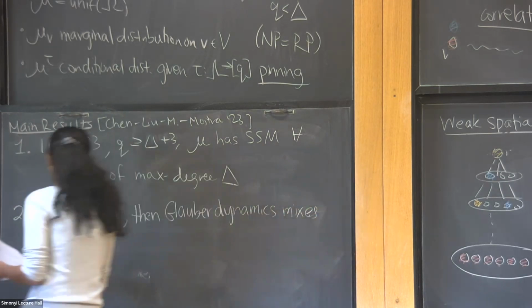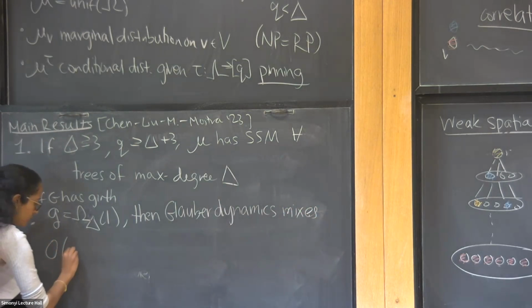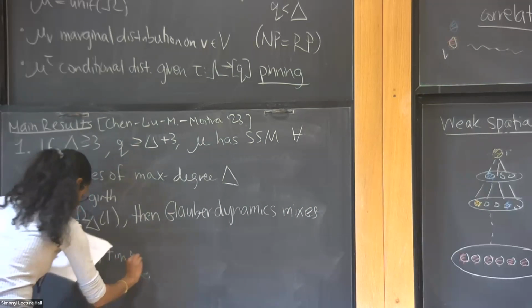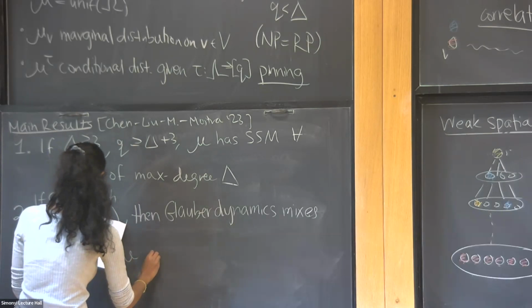So this is essentially optimal, in the same parameter regime where Q is at least delta plus 3.